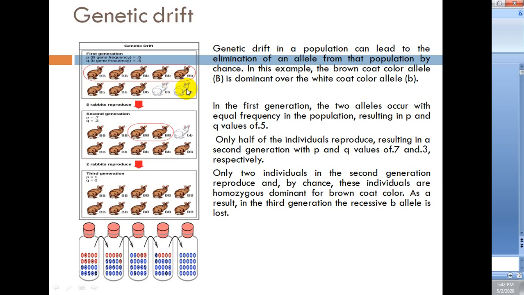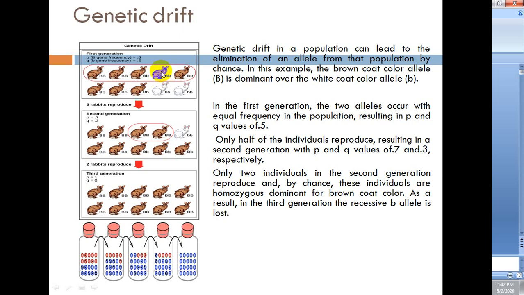The allele capital B is dominant over the allele small b, which is responsible for white coat color, and the dominant allele is responsible for the brown coat color.